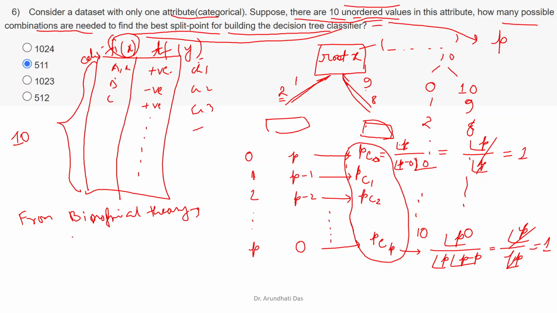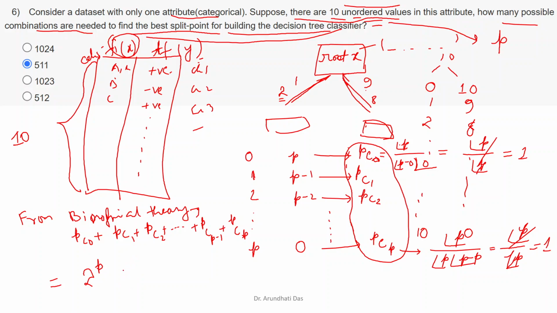The summation is PC0 plus PC1 plus PC2, up to the last term, which will be PCP, and before the last term it will be PCP minus 1. Yes, from binomial theory, if we add all these values, it will be 2 to the power p.